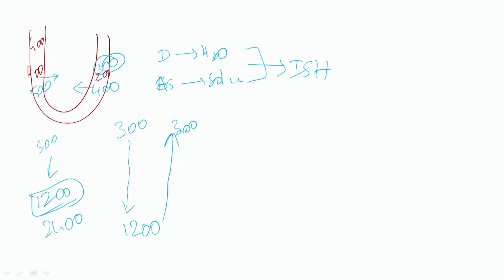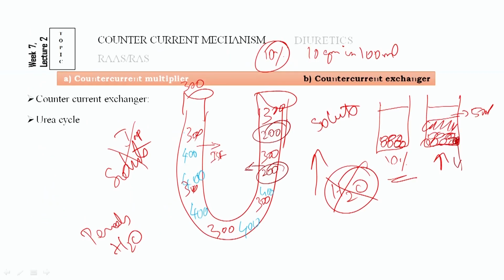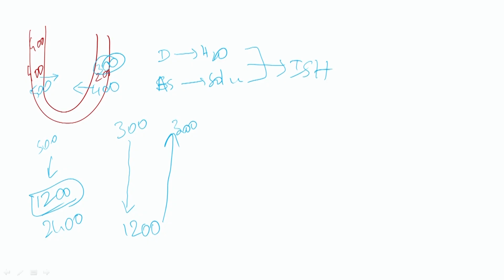This is the most important part of the countercurrent multiplier. This is how it keeps increasing its concentration from 300 until it reaches 1200, right? Once the countercurrent multiplier keeps multiplying like that, it reaches one maximum limit. Fine. So that results in the maximum absorption.